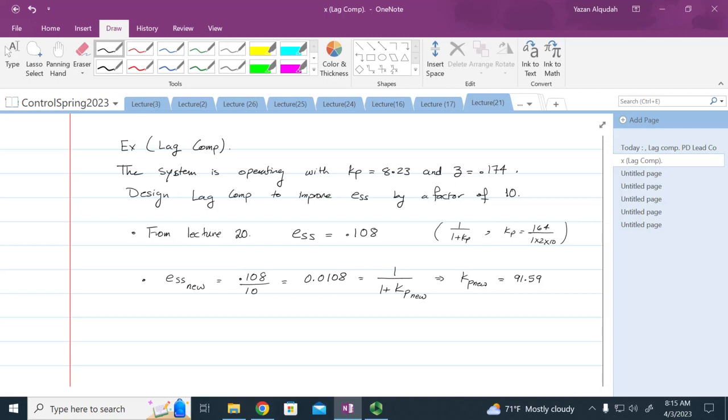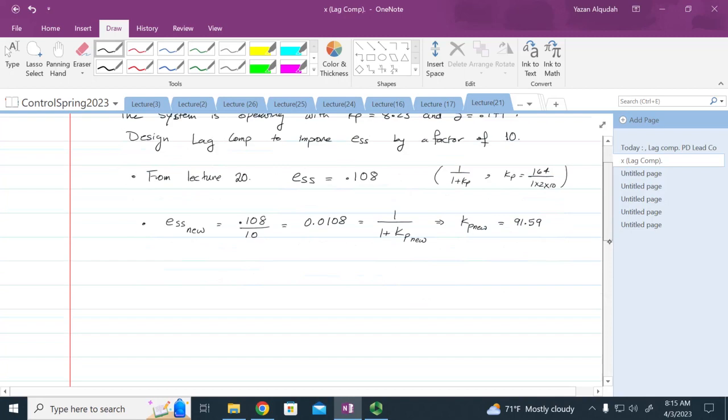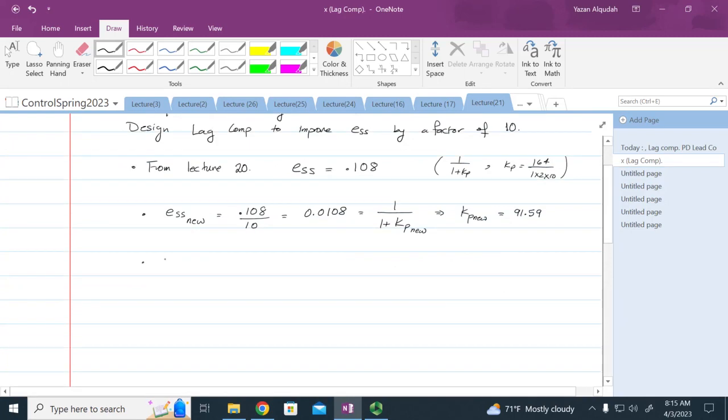Now the improvement in Kp new is the ratio of ZC divided by PC.